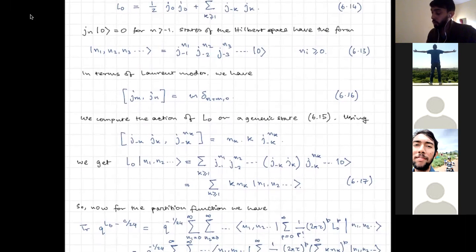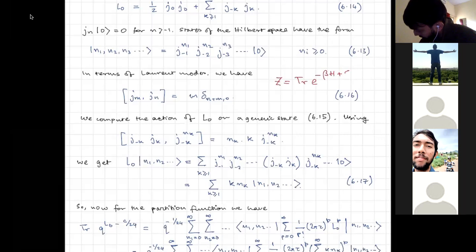So what do you want to do? We want to find out Z, which is the trace of e to the minus beta H plus something, whatever, xi p if you wish.